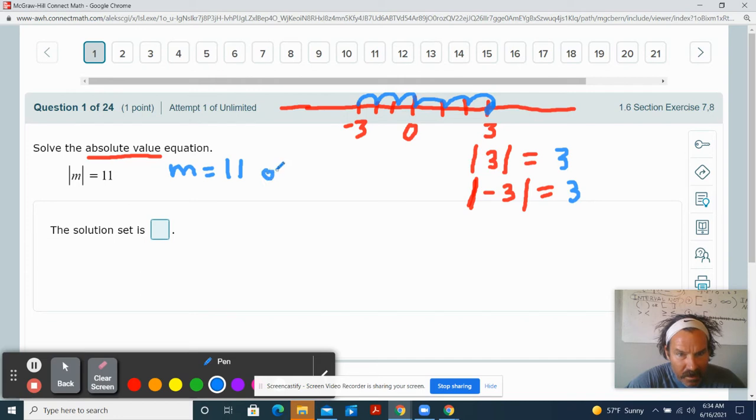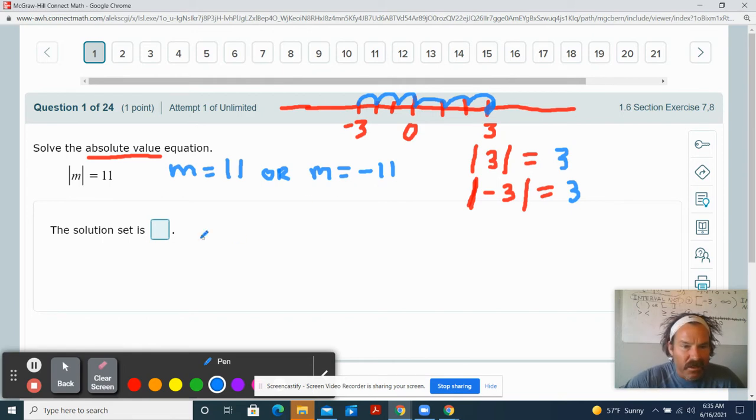Or m could equal, what else could m equal? M could also equal -11. Most of the time there's two answers to an absolute value equation because we have two sides. We have the positive side and we have the negative side.